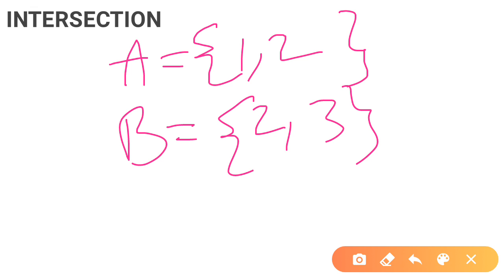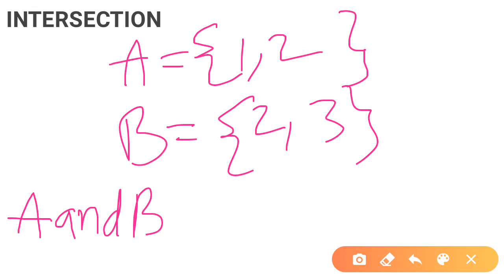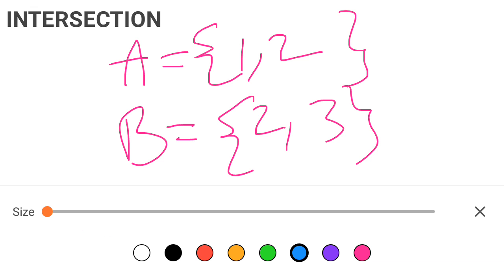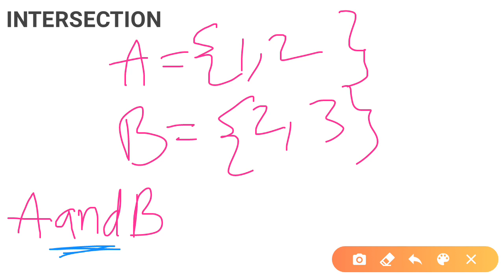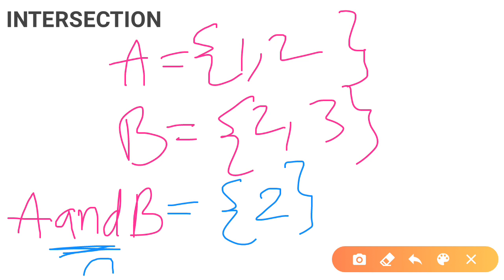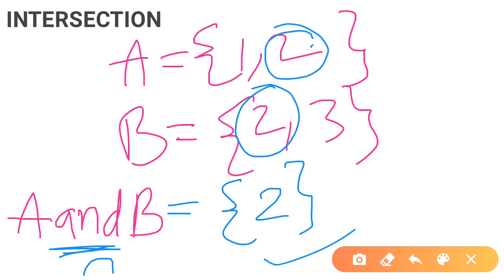Intersection means you should write only common elements. Here the common element is 2 only, so I'm writing 2. This is A intersection B.